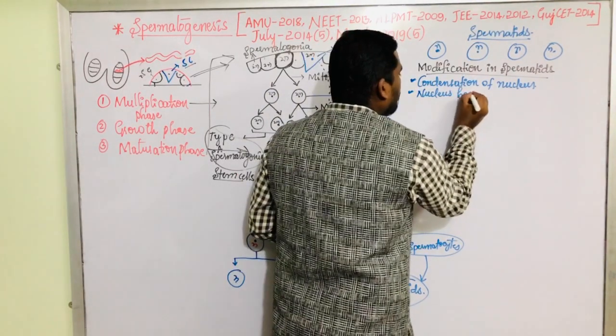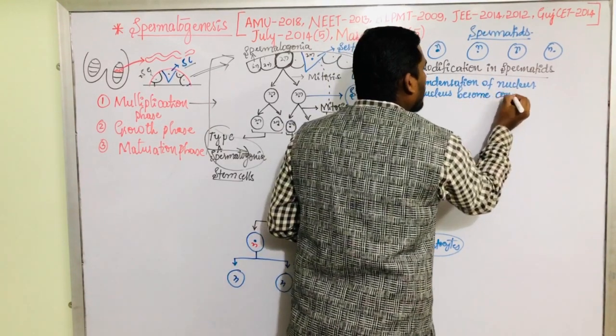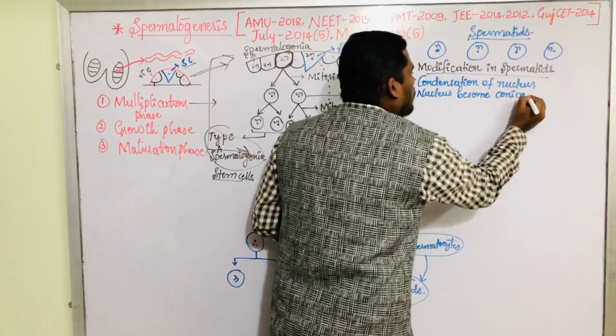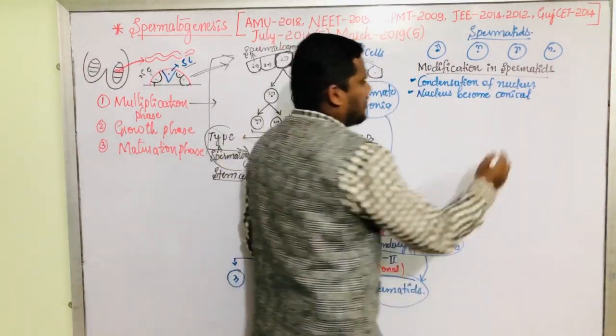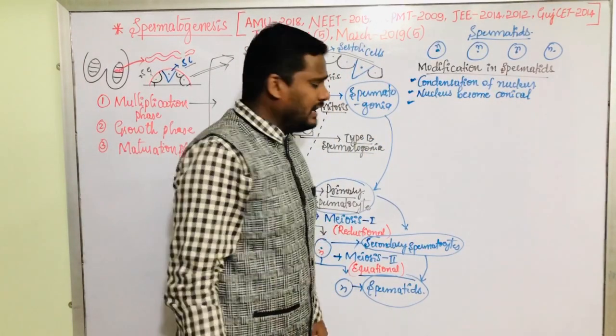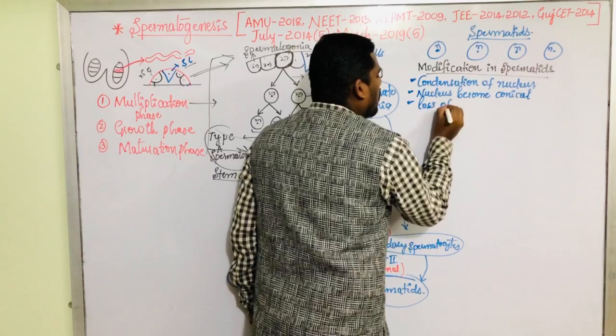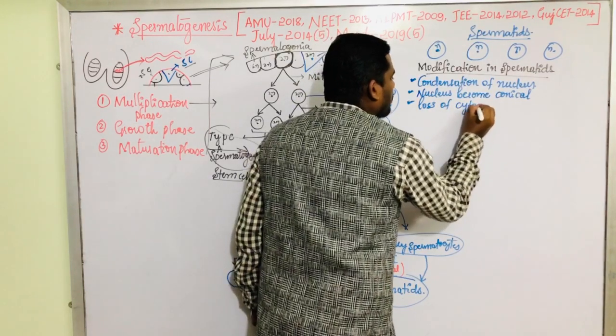Then the second one is that the nucleus becomes conical, a conical shaped structure. Then the third thing is loss of cytoplasm.